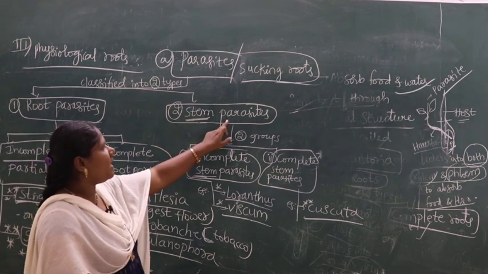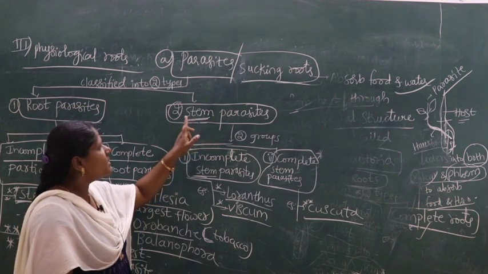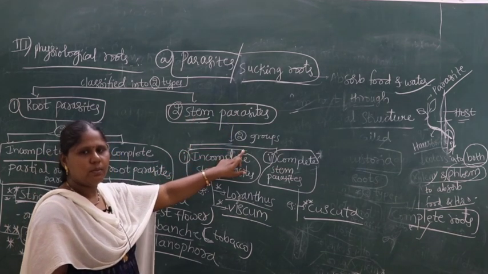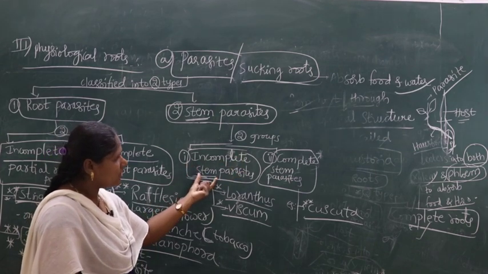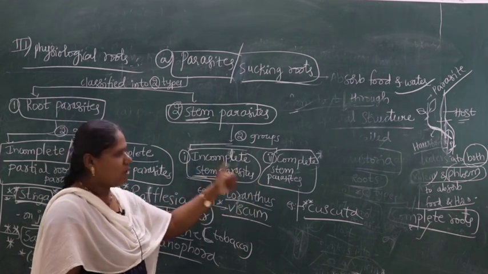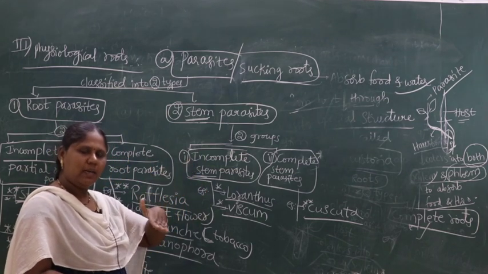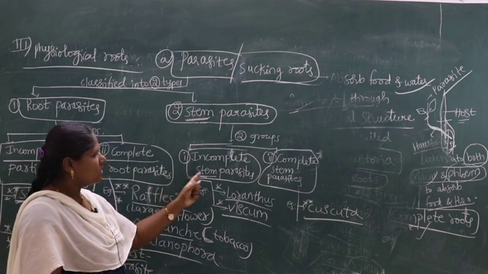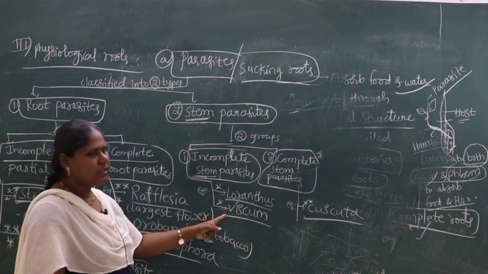Stem parasites: the parasites which depend on the stem for food and water are called stem parasites. They are also divided into two groups. What are they? Incomplete stem parasites and complete stem parasites. What is incomplete? Haustoria enter into xylem to absorb water on the stem. It's called incomplete stem parasite, for example Loranthus and Viscum.